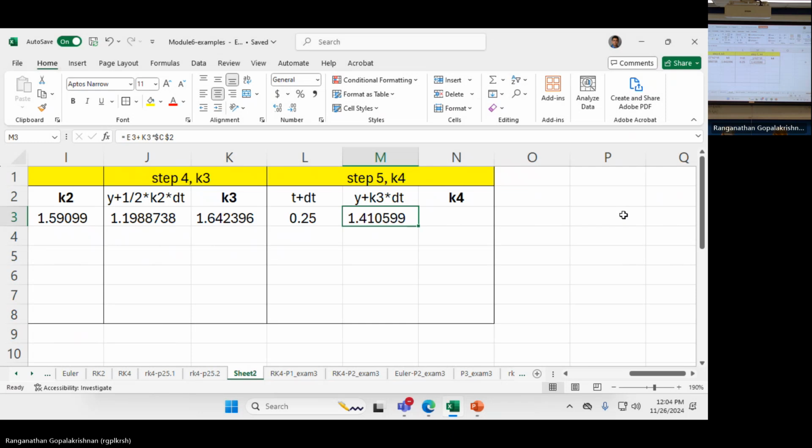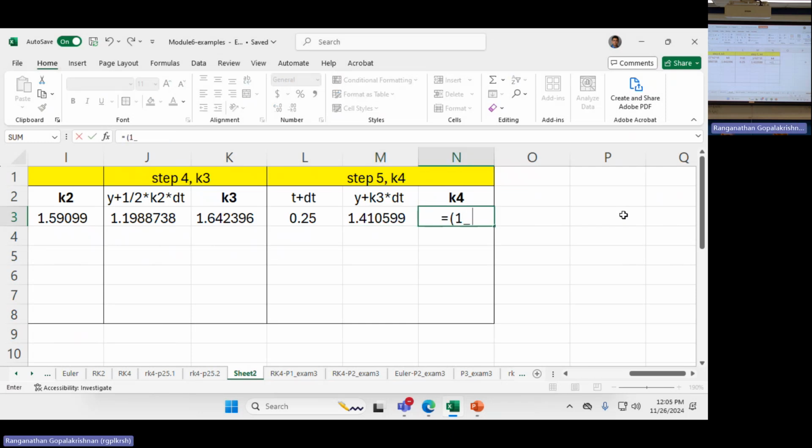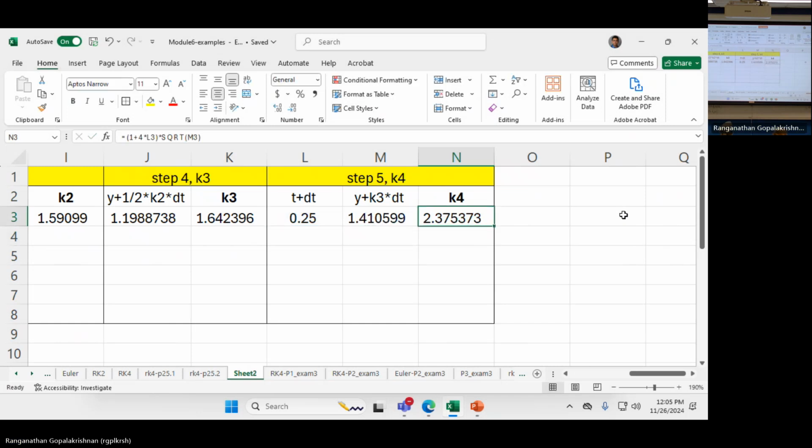Okay. And K4 is 1 plus 4 times time, multiplied by square root of y. Good. Able to follow?